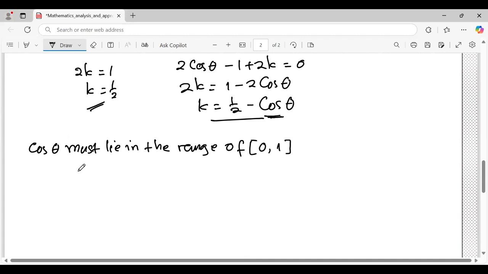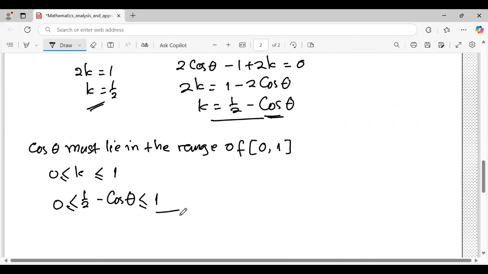So that's why k is in the interval 0 to 1. When k is 1, we can substitute this value into this k: 1/2 minus cosine theta, 0 to 1, like this.